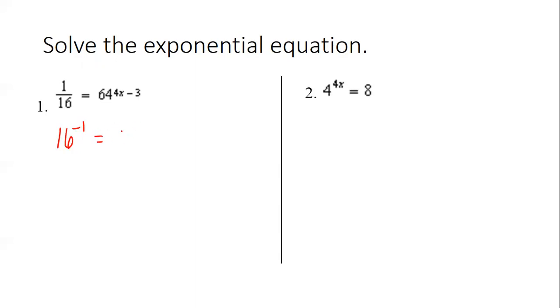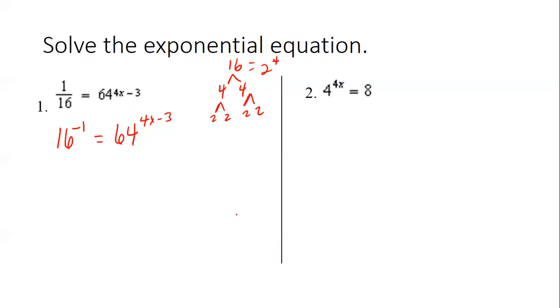So now we have 16 to the -1 equals 64 to the 4x minus 3. It says that you need to have the same base. So when you were talking about the same base and it says factored form, if you're going to factor this, think about 16. If I was to break down 16, that would be 4 and 4, right? 2 and 2. So 16 equals 2 to the 4.